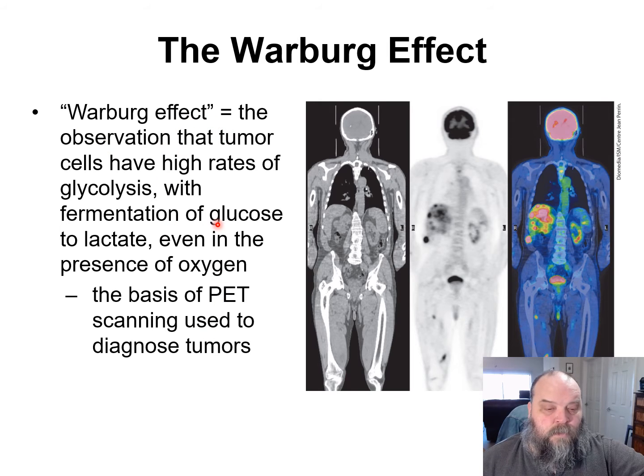Something about cancerous tumors that have a high rate of glycolysis. You'll see increased lactic acid fermentation, so you see an increase in lactate or lactic acid being produced compared to other cells throughout the body.